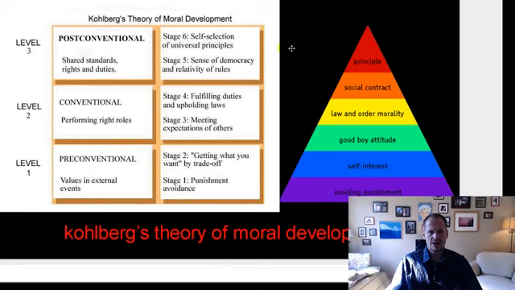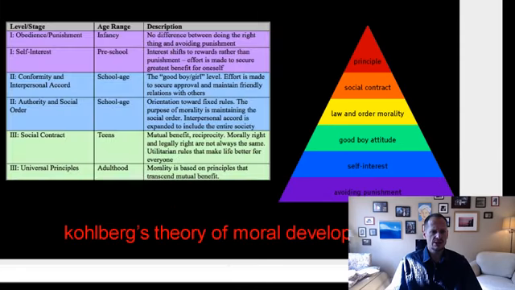And here, self-selection of universal principles. You are thinking about what is the right thing to do and why. That will ultimately lead you to think about others, like the golden rule, do unto others as you want done unto yourself. But even beyond the golden rule, you'll come up with your own reasons for why you should be acting the way you do.